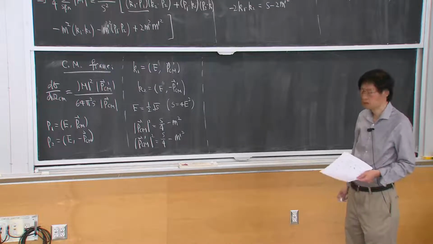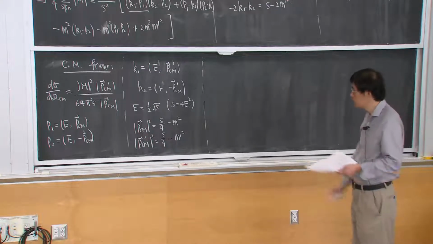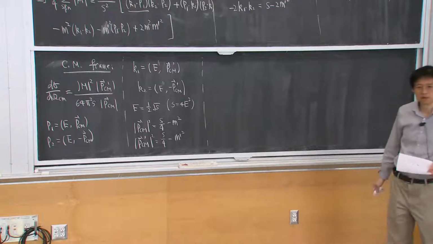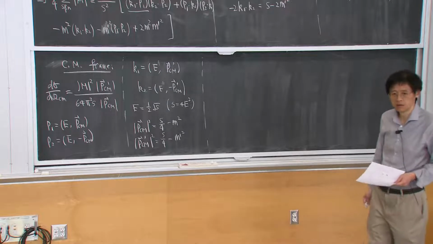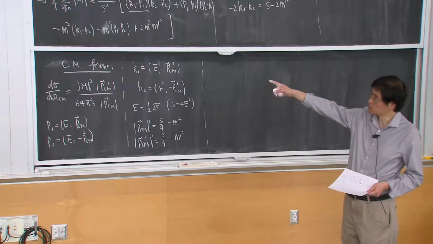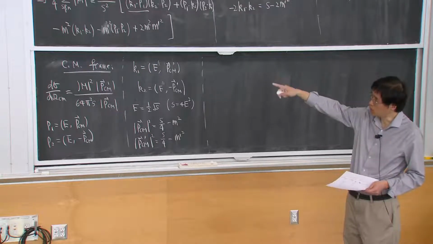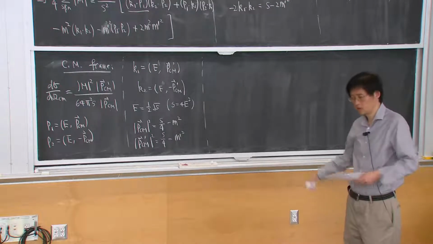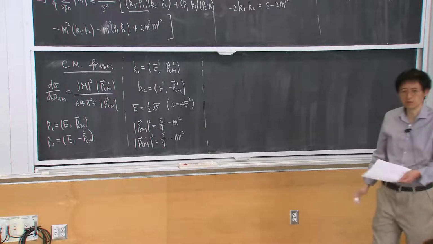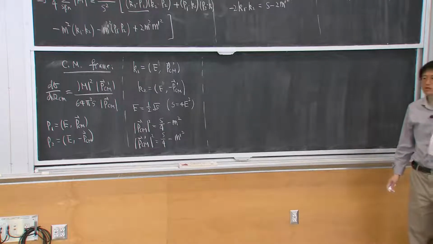Because their momenta are opposite to each other in the center of mass frame, and they have the same mass. But you can allow for your final particles to have different masses. Yeah, but in this process, we are considering there is always a particle and antiparticle. It's an annihilation process. We always create the particle and antiparticle. Other questions?